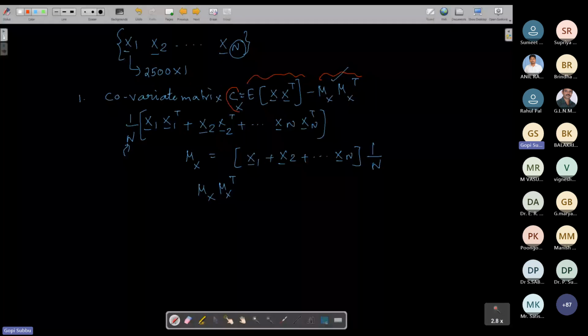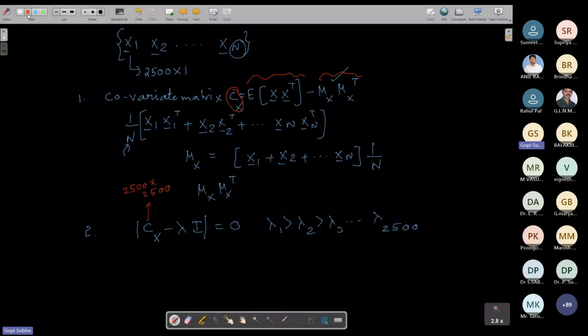The second step is to find the eigenvalues. It's basically the determinant of Cx minus lambda I equal to 0. You get these eigenvalues and arrange them in decreasing order. If the size of the vector is 2500 cross 1, the covariance matrix size is 2500 cross 2500, and the number of eigenvalues is also going to be 2500.